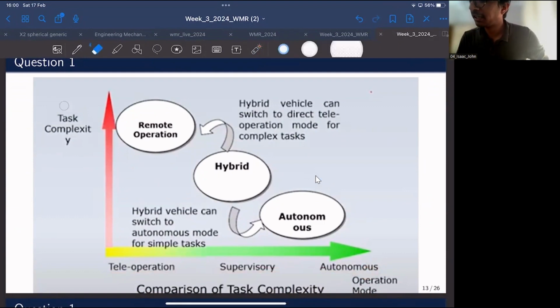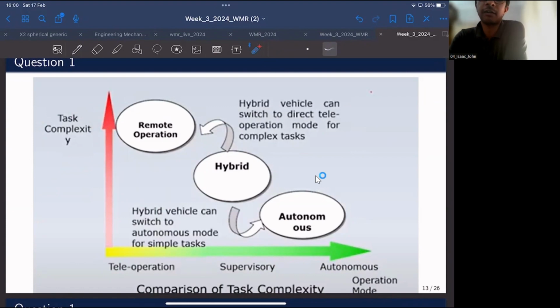As you can see, if the complexity of the task increases, the level of human intervention becomes a necessity, because our current state of sensors and actuators is not mature enough to do tasks of very high complexity. For example, to replicate all the functional features of a human being.